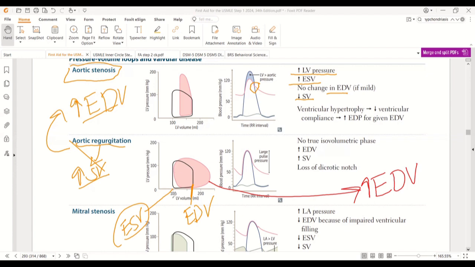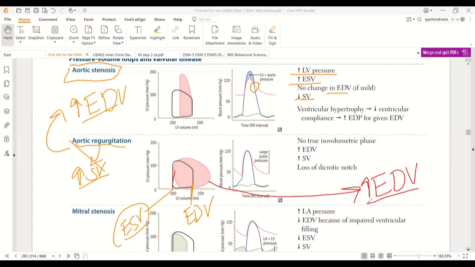So what happens to the end systolic volume? Decrease. It generally remains unchanged, right? It's closer to the normal, right?